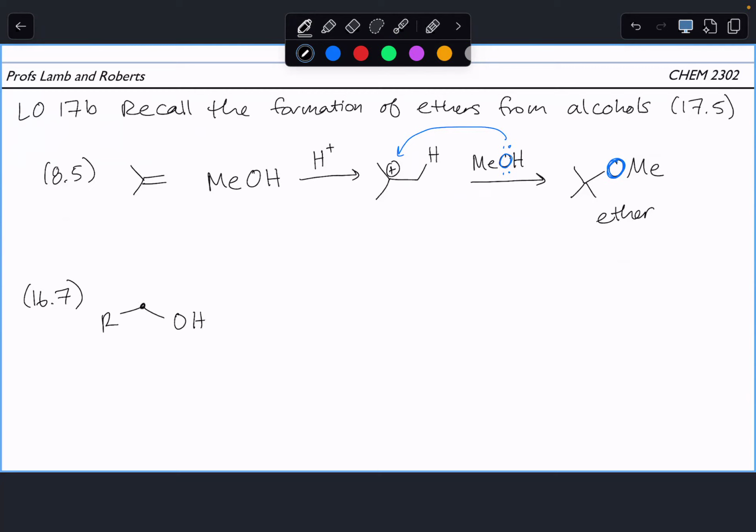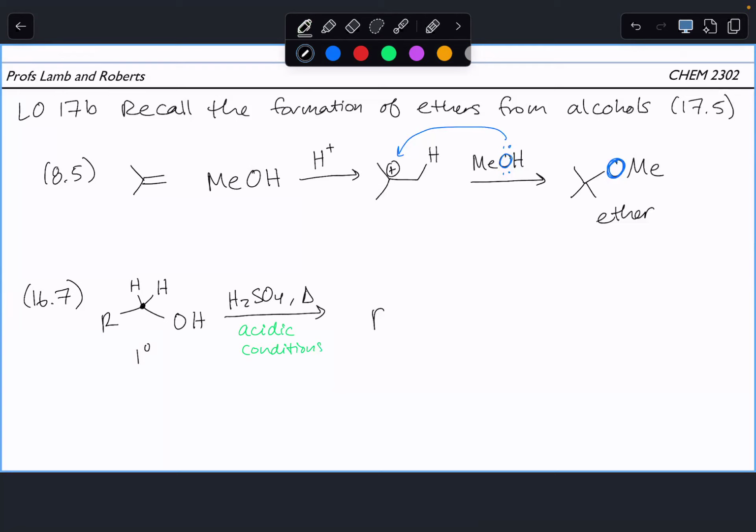Remember, primary means the carbon attached to the OH has 2 hydrogens on it. This is a primary alcohol. Under acidic conditions, so like H2SO4 and heat, basically the same conditions as above. So here's our acidic conditions.